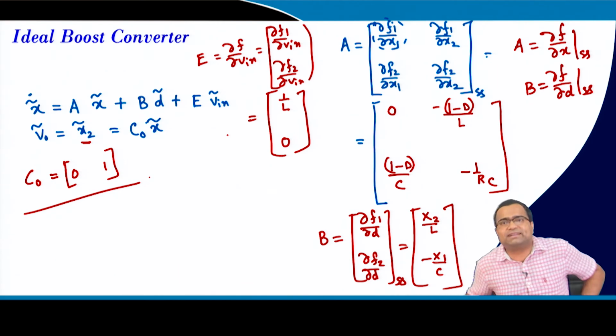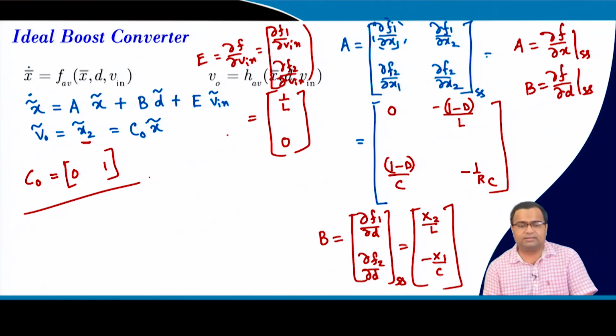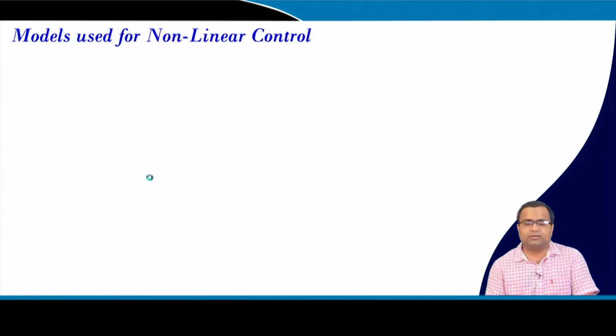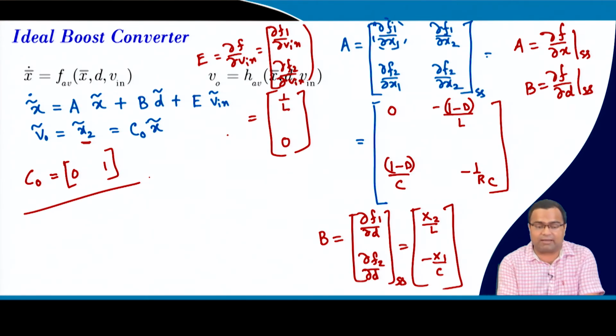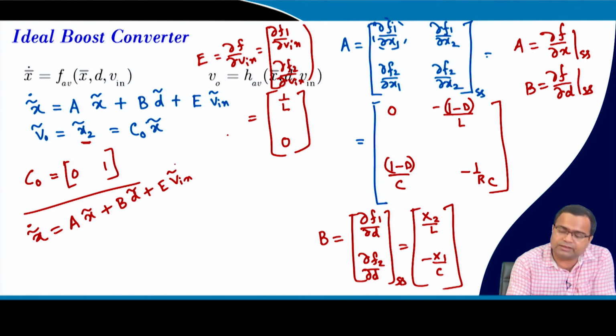So, you got all these matrices and you can get different types of transfer functions, right. Now, once you have x tilde dot equal to A into x tilde plus B into d tilde plus E into v in tilde, for any converter, and v0 tilde is C0 into x tilde, I can take the Laplace transform.